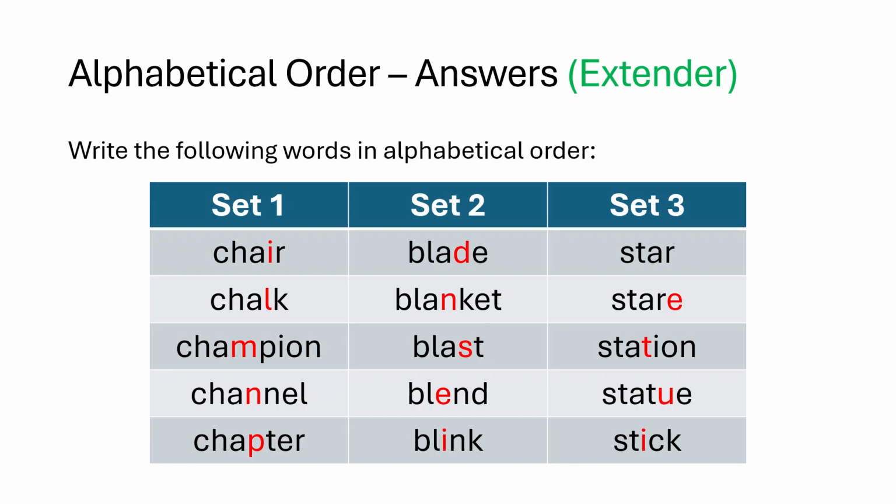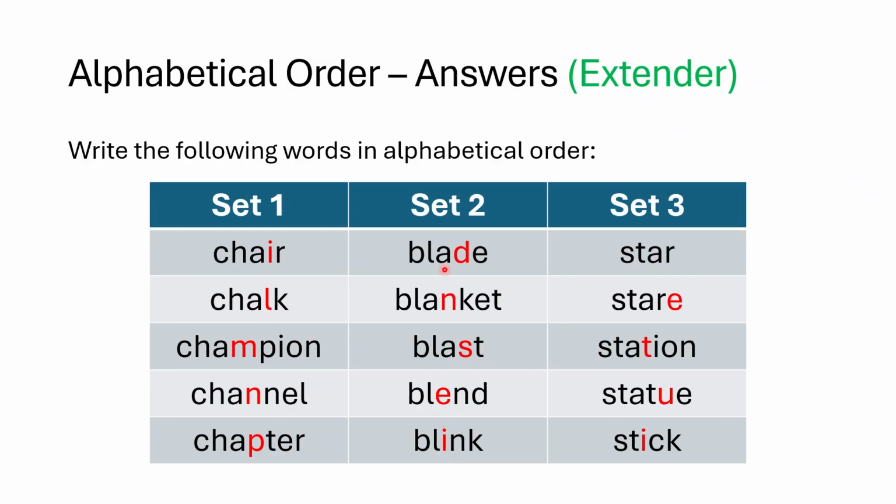Because the first three words in set 2 begin with B, L, A, the last two words have different third letters.